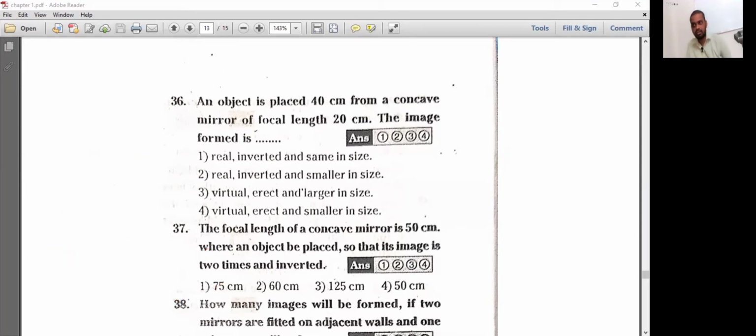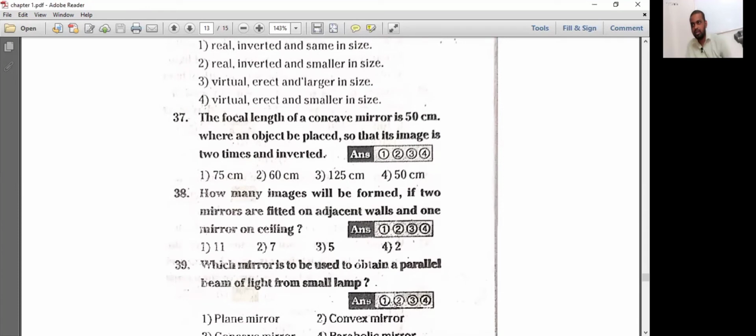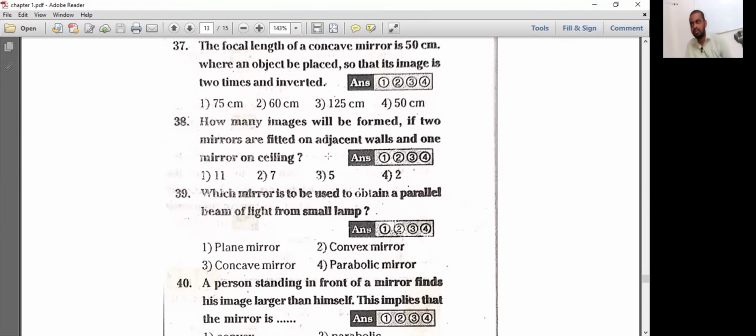Question number 38. How many images will be formed if two mirrors are fitted on adjacent walls and one mirror on the ceiling? Two mirrors fitted on adjacent walls means they make 90 degrees with each other. The number of images formed by these two mirrors will be n equals 360 by theta. If 360 by theta is even, then you should subtract 1. 360 by 90 is 4, which is even, so subtract 1.